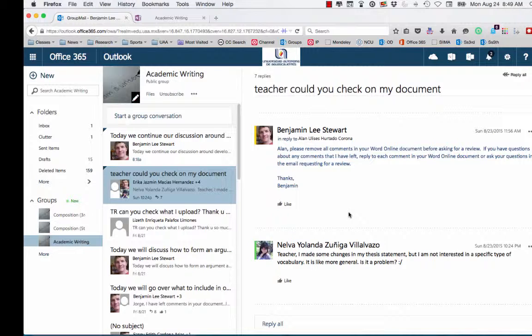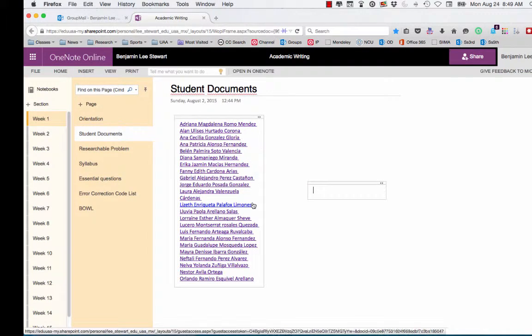Make sure that you're looking at your classmates' work as well. As you know, we have all of your work shared in OneNote, and you have access to your classmates' work. So compare, look at what other people are doing, ask questions, and get involved.